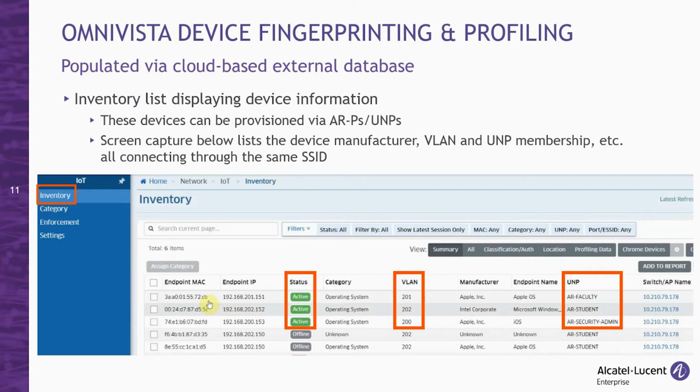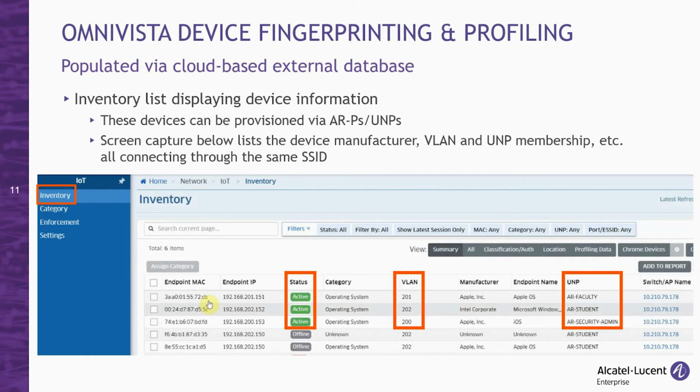A UNP-defined network access, or in this case, it's manually or dynamically enabled through the enforcement of access role profiles for the categorized devices that are collected and fingerprinted as displayed in the active inventory list shown here. These new fingerprinting techniques and features help network administrators use OmniVista to address the access issues associated with unplanned, unapproved IoT devices being connected to the corporate network.